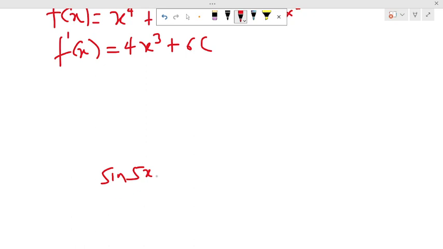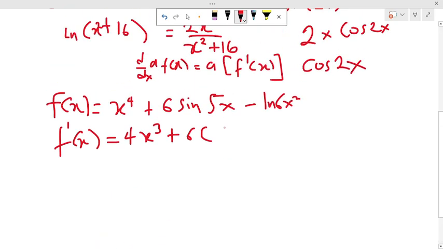When you differentiate the baby, which is 5x, you get 5, multiplied by the differential of sine, which is positive cos, so cos 5x. That will be the differential of sine 5x. So we are going to get 5 cos 5x.